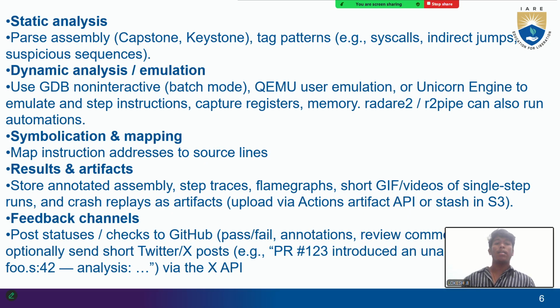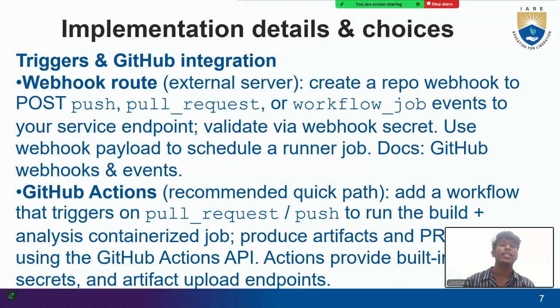An example: PR #123 announced with analysis, foo.S:42, posted via the X API.